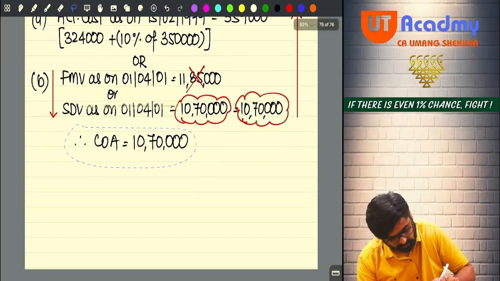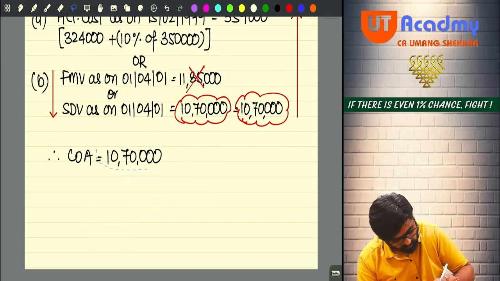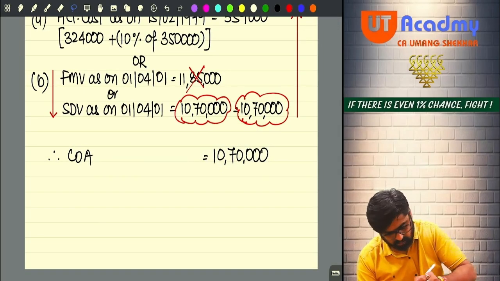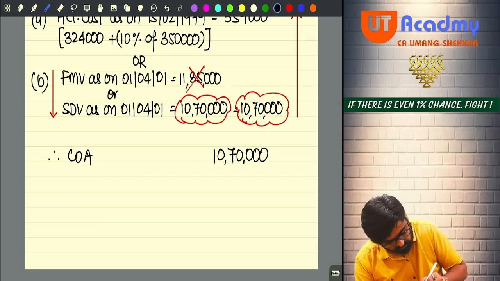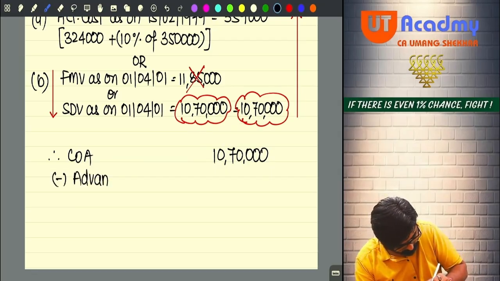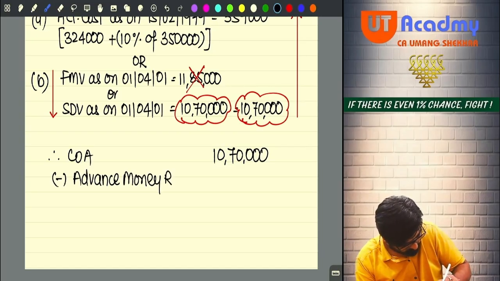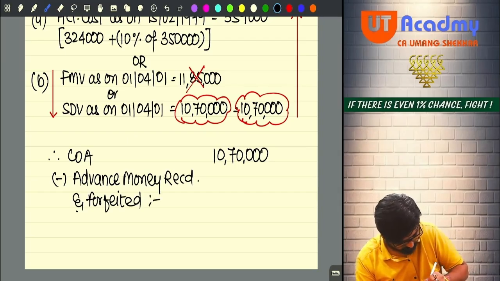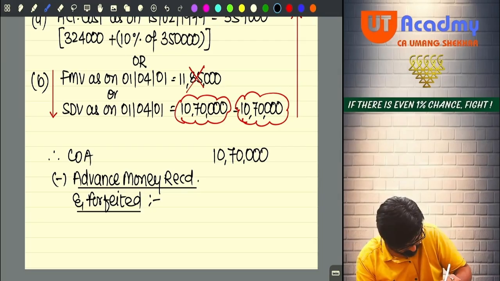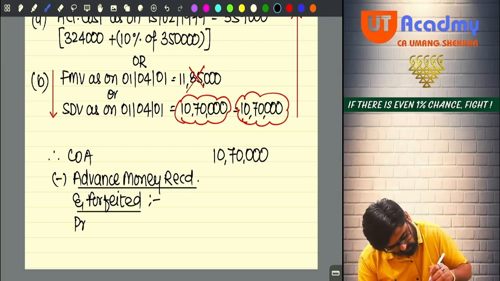Now, from this cost of acquisition, which was 10,70,000, you will reduce the advance money received and forfeited.